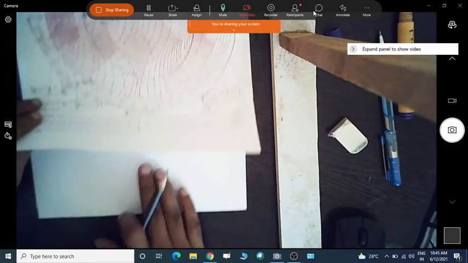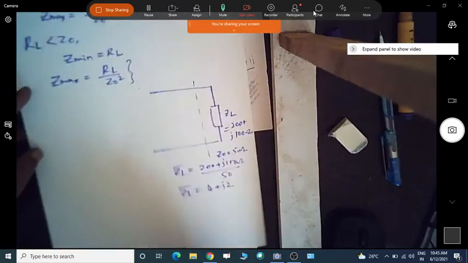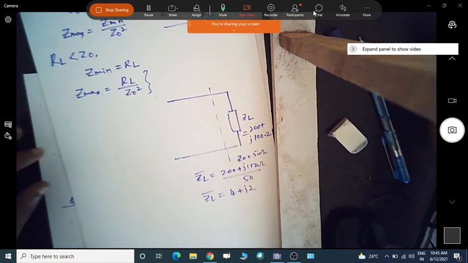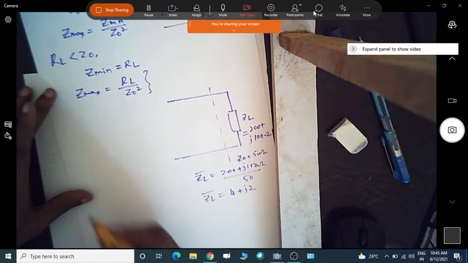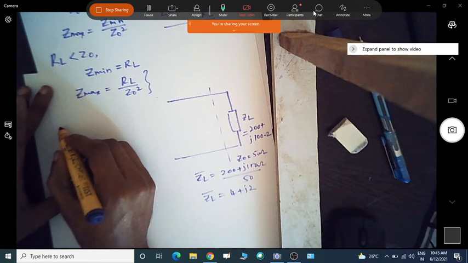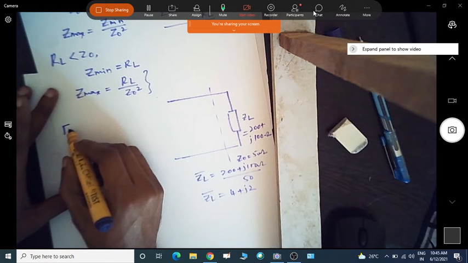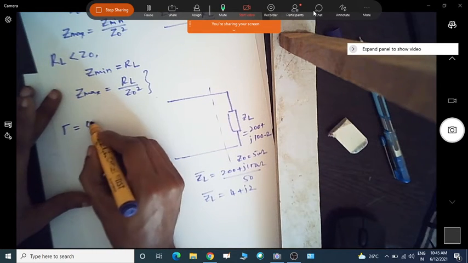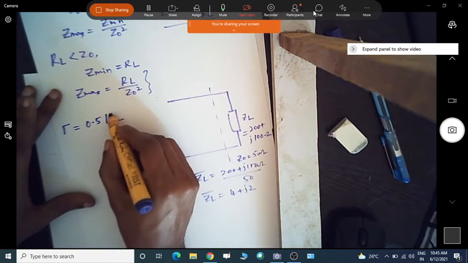Now let us take one slightly different problem to find out Z minimum and Z max. So now take this one. The reflection coefficient gamma which is given is 0.5 at an angle of 50 degree.